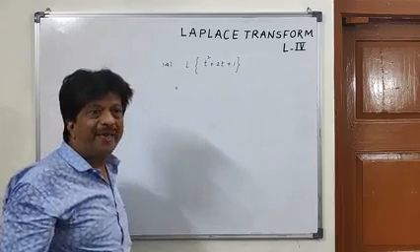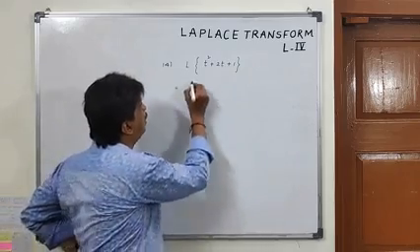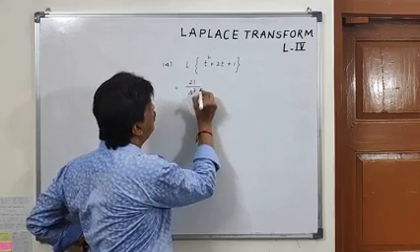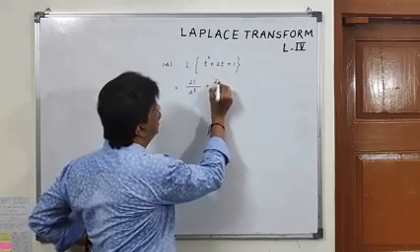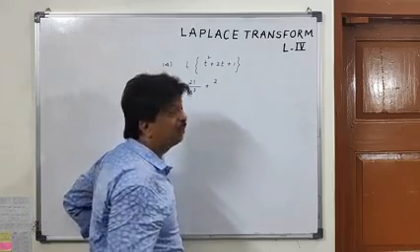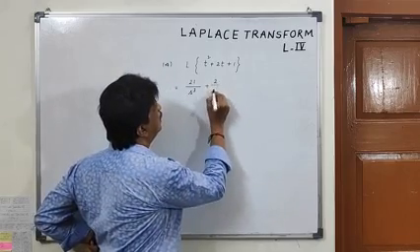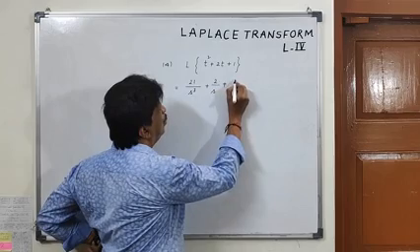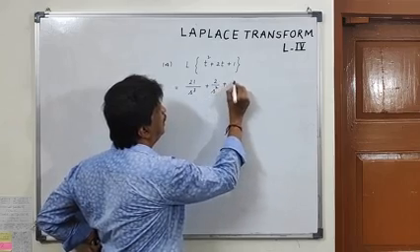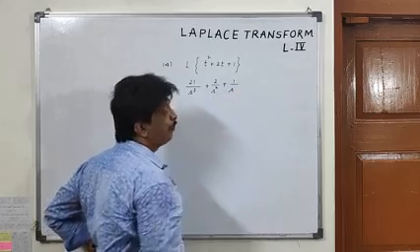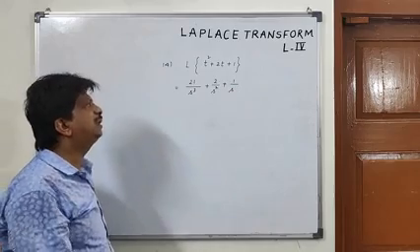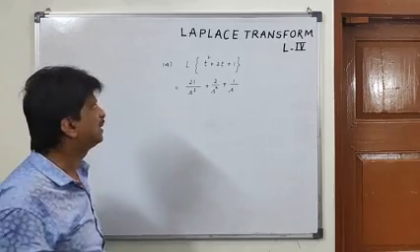The Laplace transform of t square is 2 factorial upon s cube, plus 2 times the Laplace transform of t, which is 1 upon s square, and that of 1 is 1 by s.